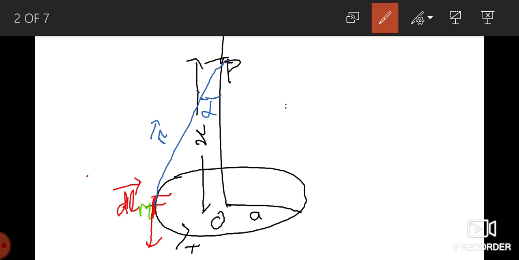We know the direction of the magnetic field is perpendicular to both the dl vector and the r vector, and can be determined by the right hand thumb rule. So the direction of dB will be in the PQ direction.